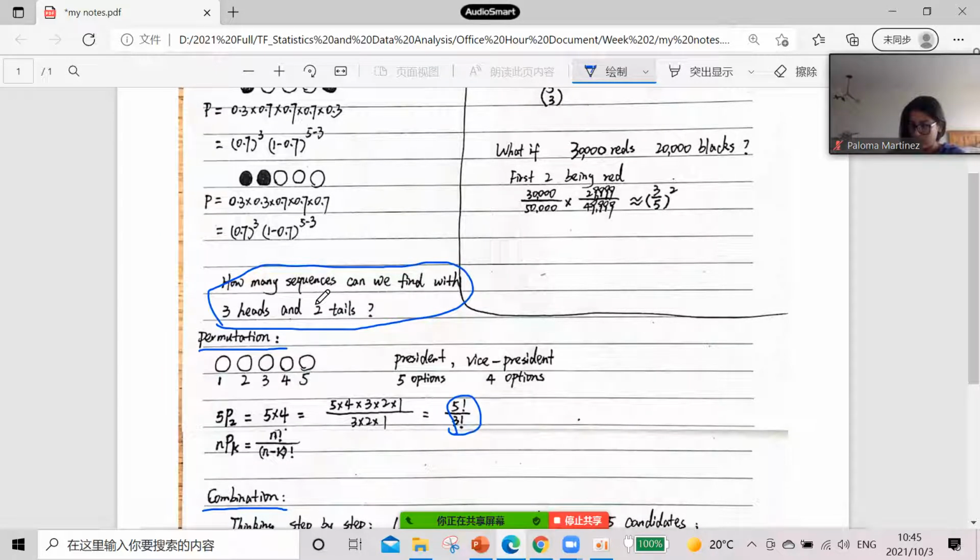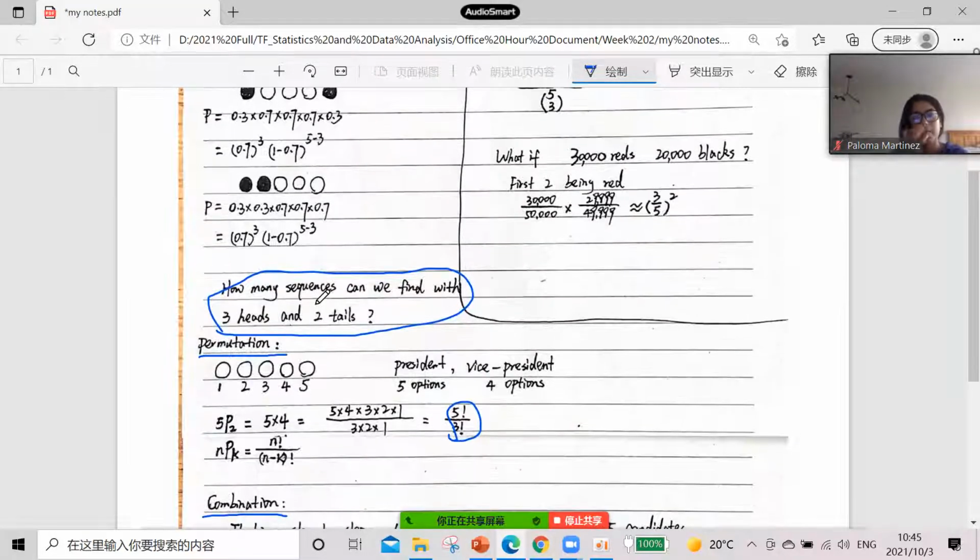So these two are different questions, and you can guess that if I just choose 2 from 5, my number of options is a little bit lower than permutation, because in permutation I have already chosen 2 from 5, and then I still have 2 options. I can allocate the first one as president and the second one as vice president, or the opposite way.